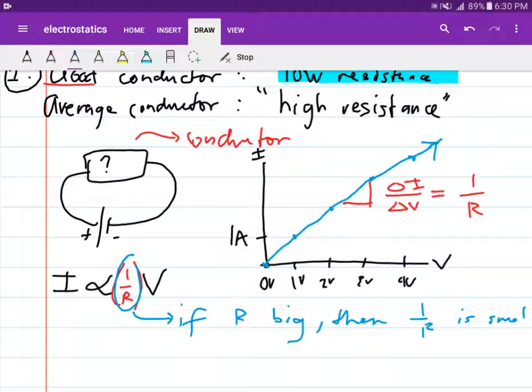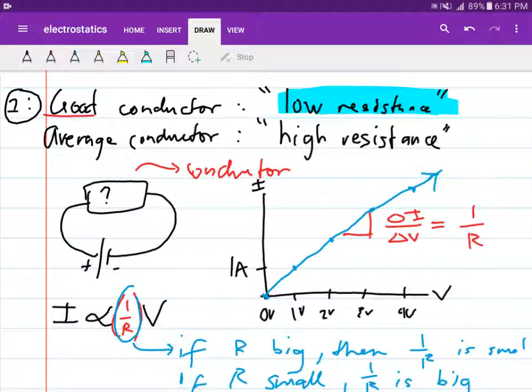And if R is very small, this term 1 over R is big.